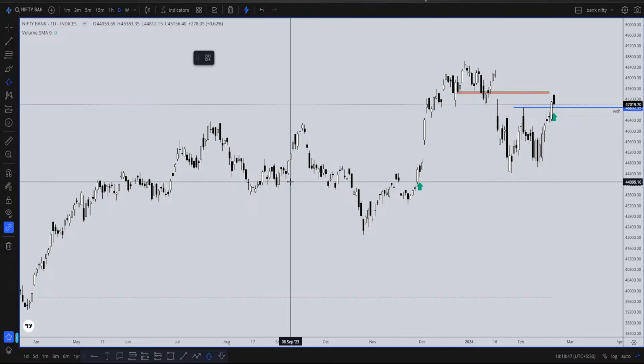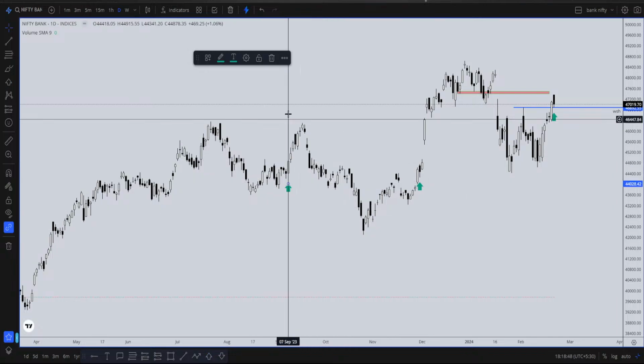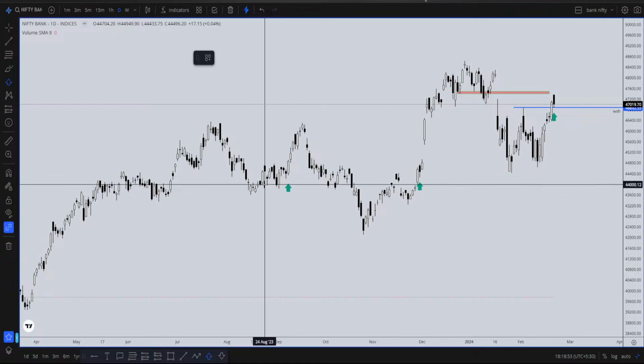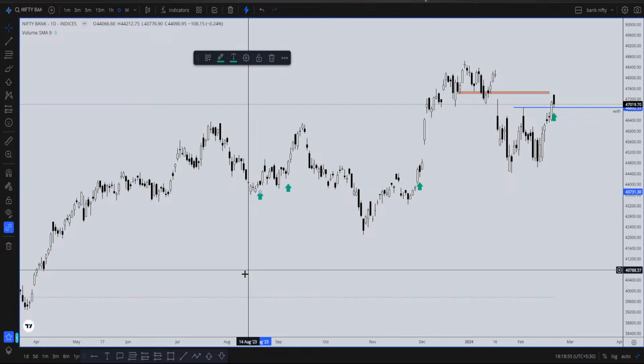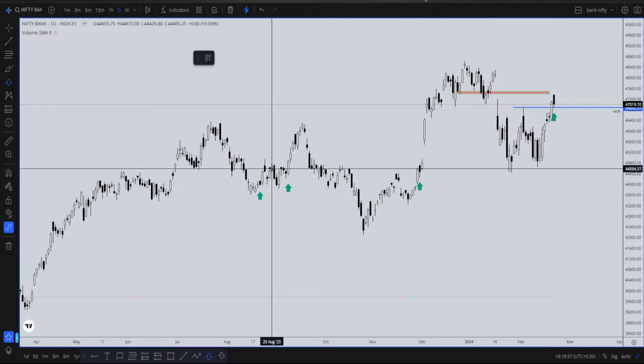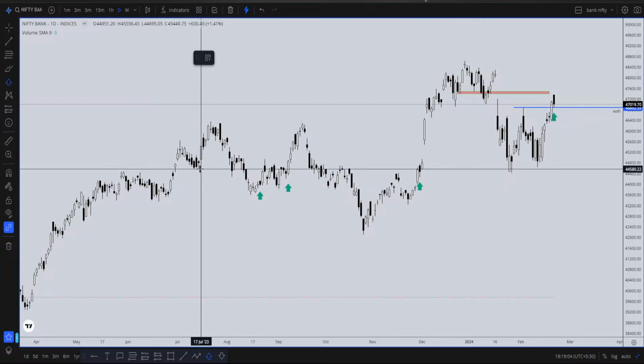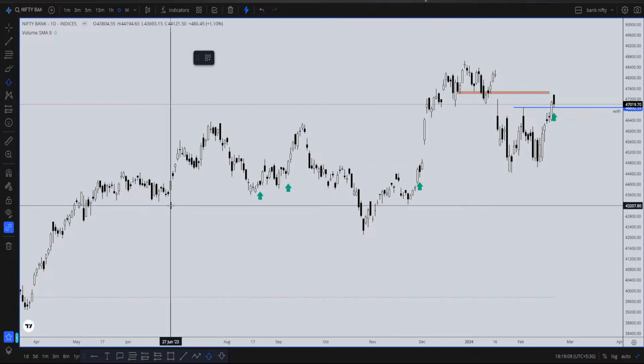Here we can see, yes, there's one here, and there's one here as well. Similarly it has broken towards the downside over here. Yeah, sure.